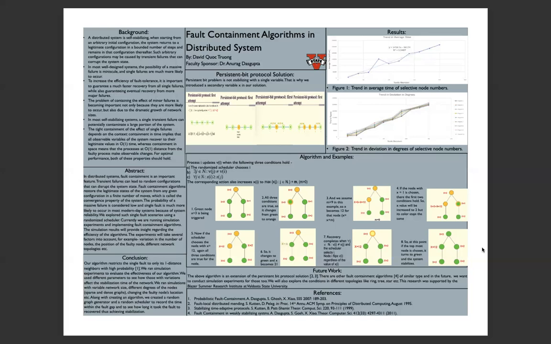There are other fault containment algorithms of similar types, and in the future we want to conduct simulation experiments for those as well. Just try out different algorithms and different simulations. We would like to explore the conclusion in different topologies, like the ring, star, or tree.